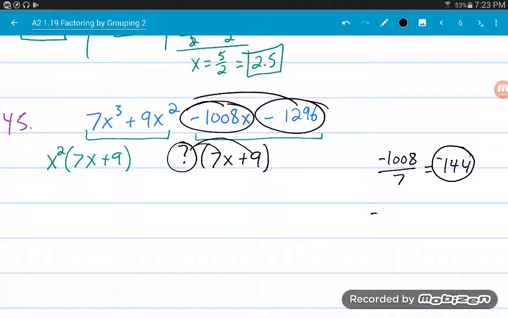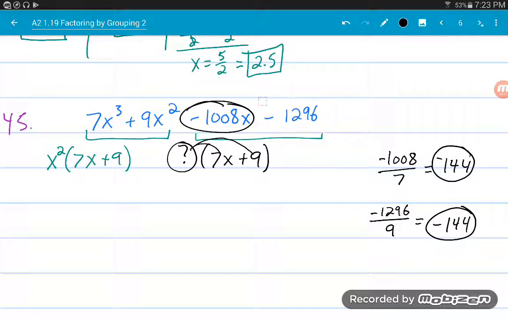Do the same division. Negative 1296 divided by 9 equals, what do you know? Negative 144. So that's a way to sort of figure out what your GCF is going to be if you can't see it. So what I'm saying is I'm going to pull out a negative 144.